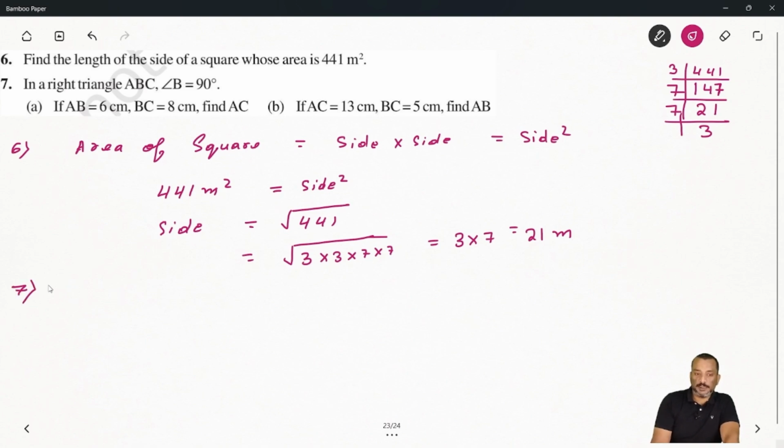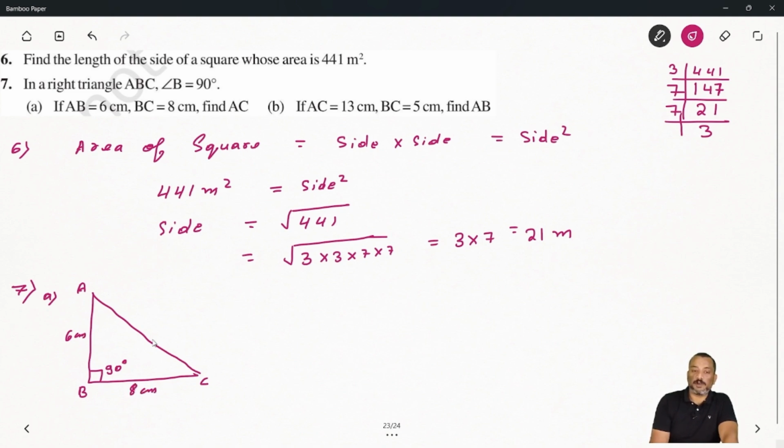We have a right angle triangle with the right angle at B, so B is equal to 90 degree. This is A, this is C. AB is given as 6 centimeter and BC is given as 8 centimeter. We have to find AC.